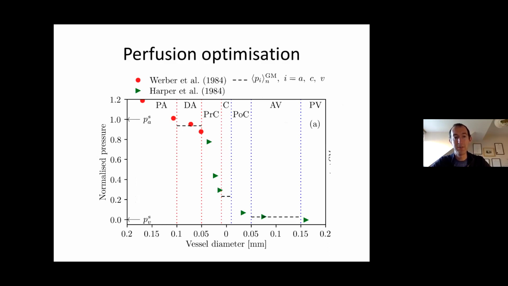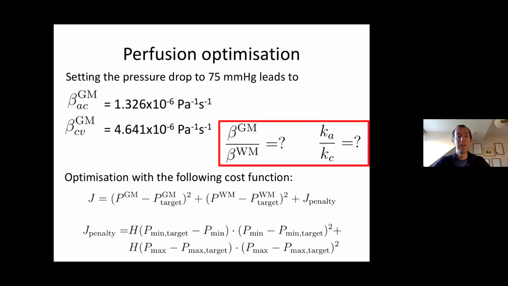It gives us the pressure drop from left to right as we go along the circulation. So we go into the capillary bed and then out through the venous circulation. We can use this data to get a rough idea of the pressure drop, and then we can get an estimate of the coupling coefficients in the grey matter. And so that enables us to get down to just two parameters that we want to optimize over.